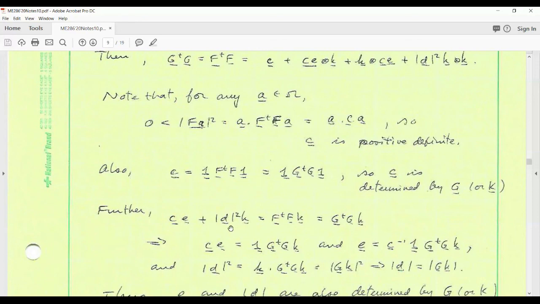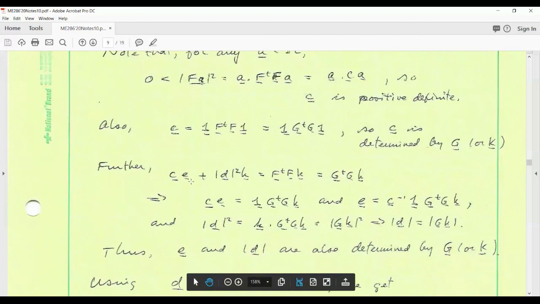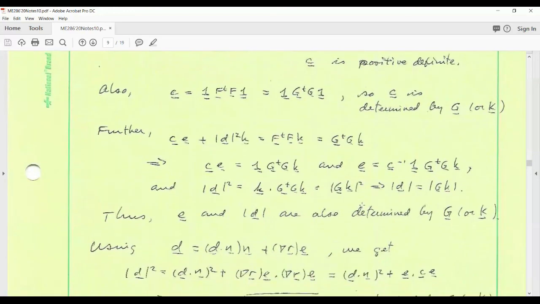So you get this, project it onto the plane using the projection operator, you get just CE survives, projection on K is 0, and you get this. Now, because C is invertible, you can solve for that E term. C was controlled by the plastic deformation, and then you see that so is E, that part of the director D you've been looking for.